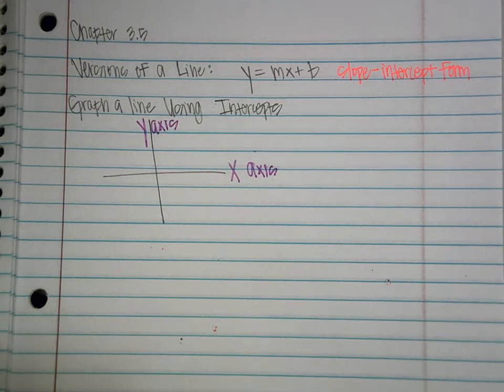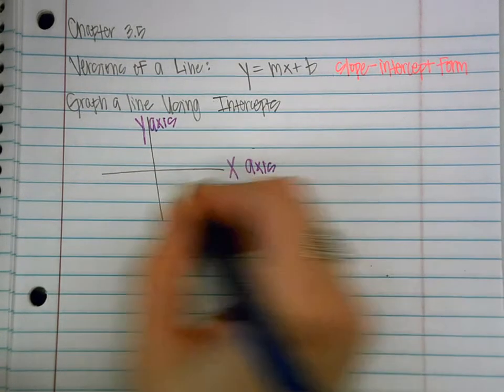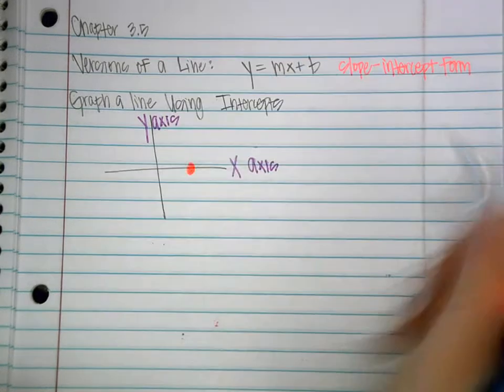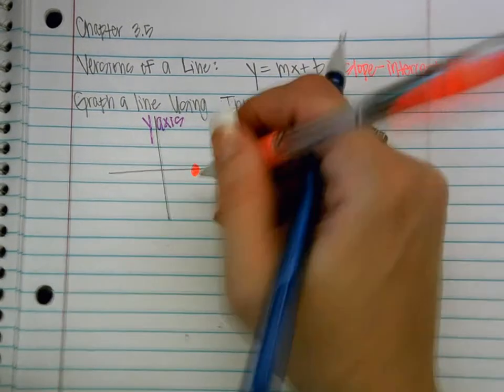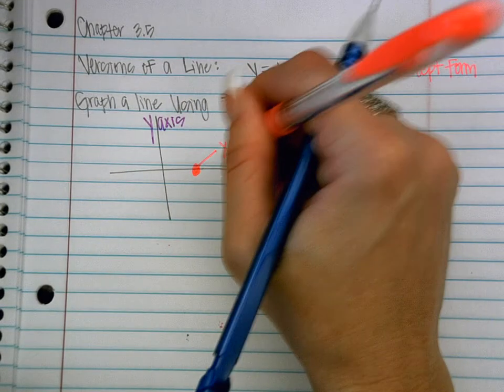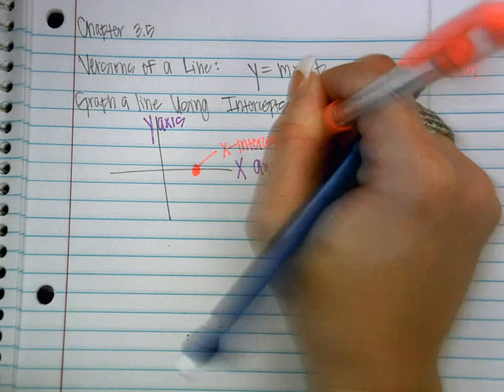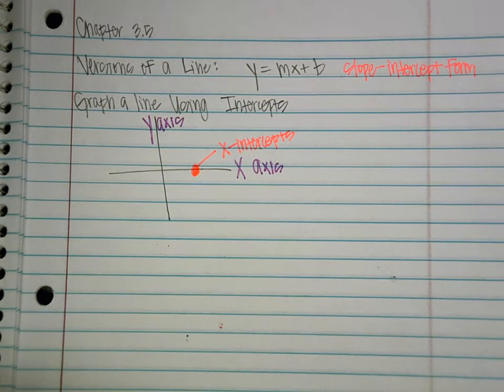Wherever a line crosses the x-axis, this would be called its x-intercept. It could be on the positive side or the negative side, it doesn't really matter. It's where the line crosses the x-axis. What do you think it's called where a line crosses the y-axis?